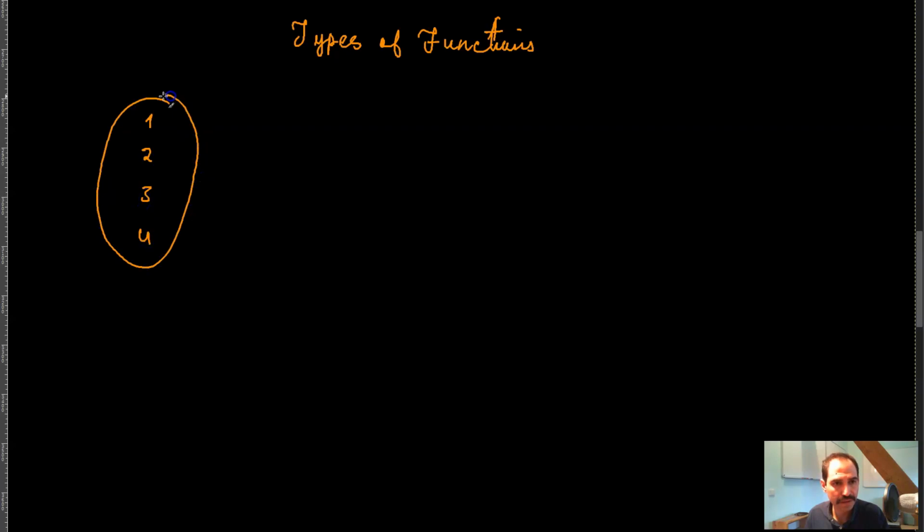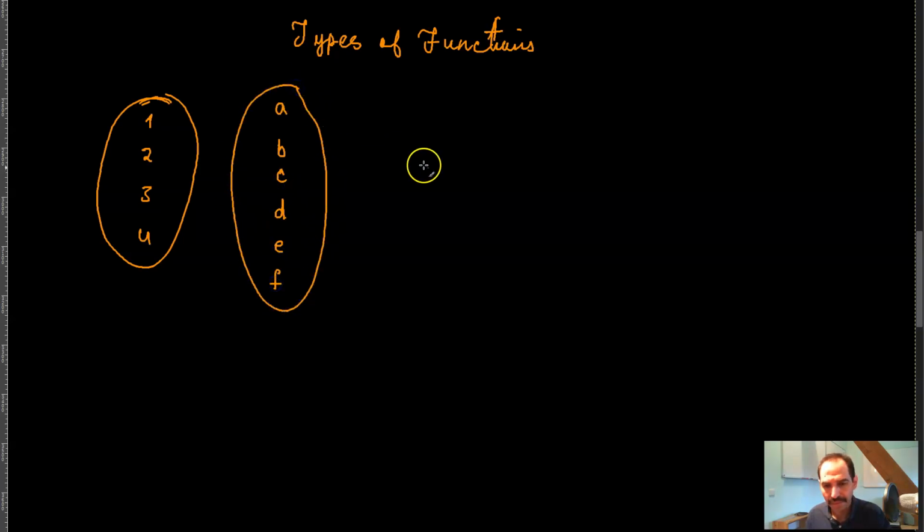Let's say that this is a set that has been mapped to another set, A, B, C, D, E, and F. And the mapping in this case is something like this. And remember that these are functions and not relations.